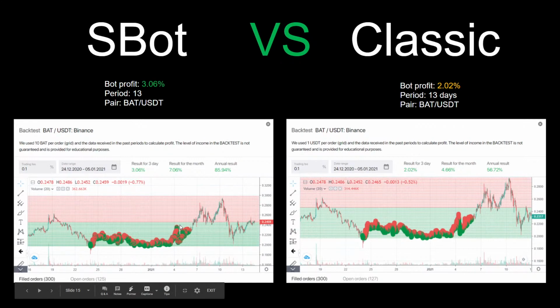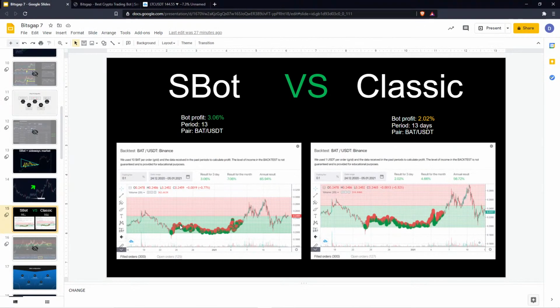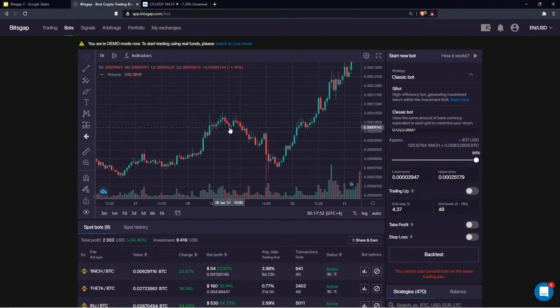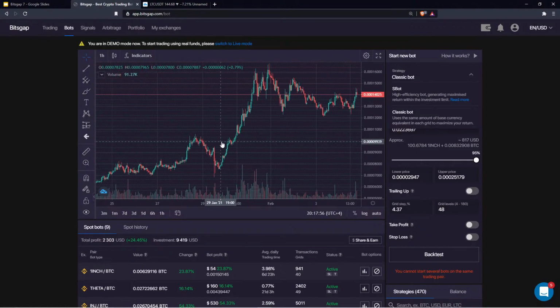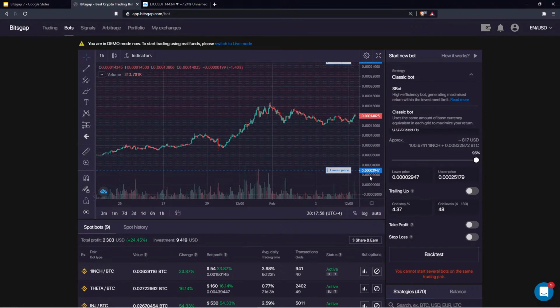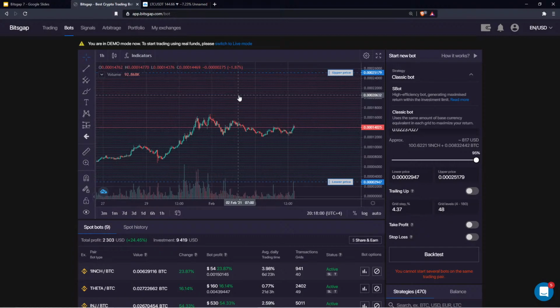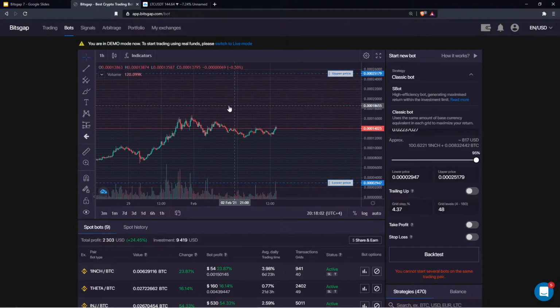That's due to the investment distribution structure. It's basically due to the fact that the classic bot always buys and sells the same amount of crypto.